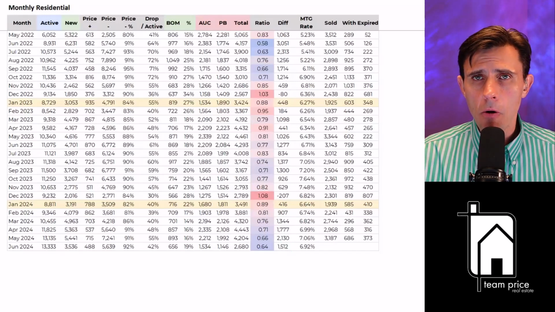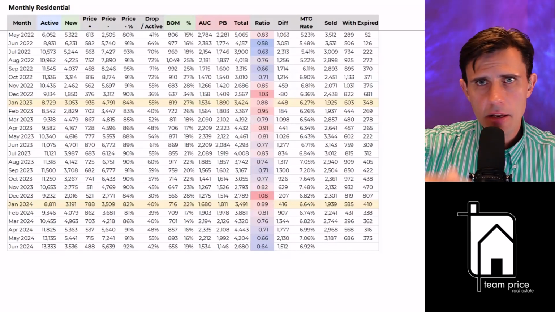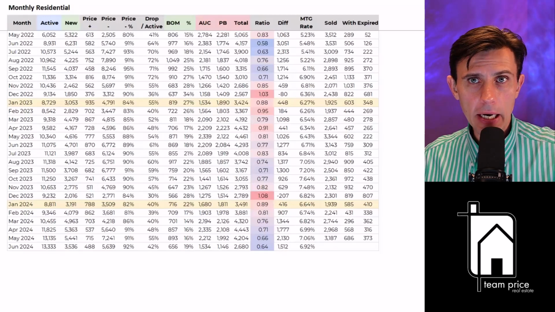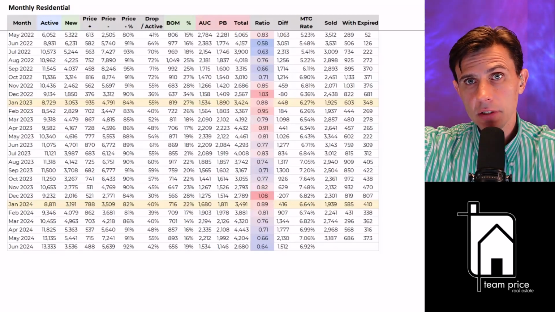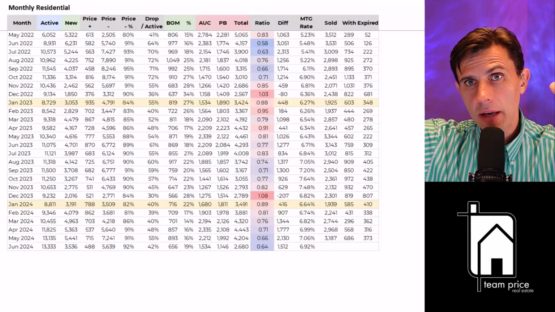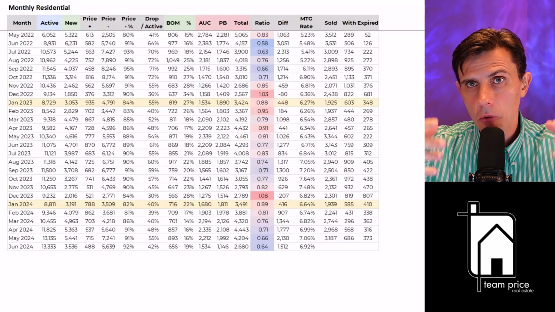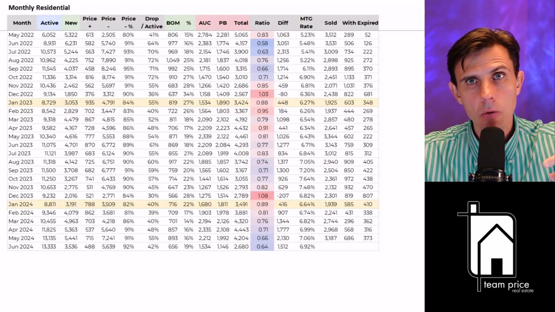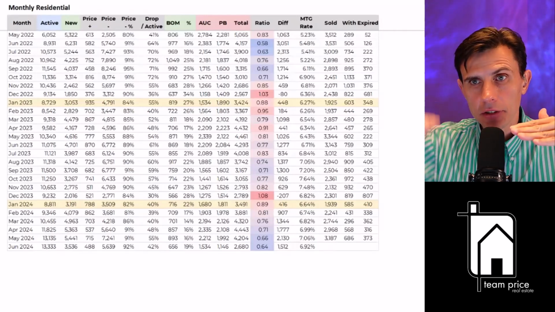When you've got a 1.1 ratio, that means 1,000 listings came on the market and 1,100 left the market, which means the 10,000 listings that you started with is now at 9,900 because you borrowed from existing inventory. You depleted inventory because you've got a higher demand. So therefore, active listings go down.